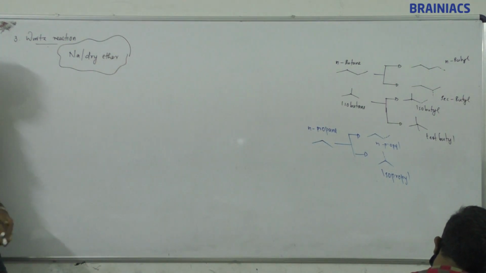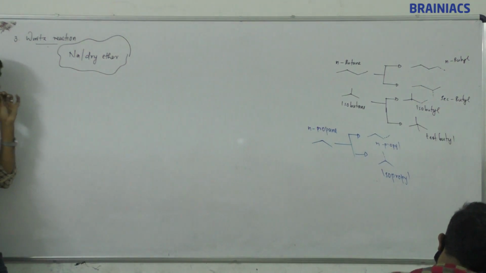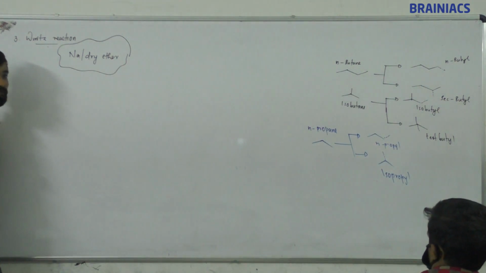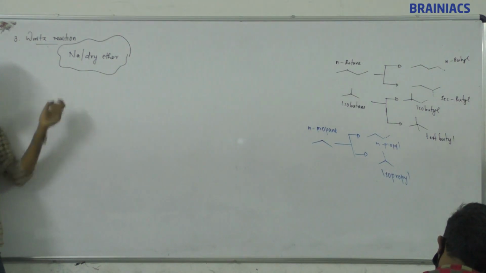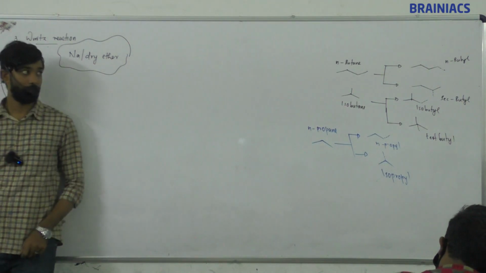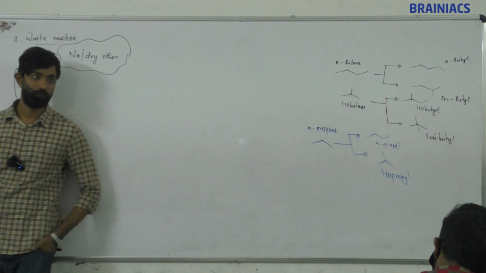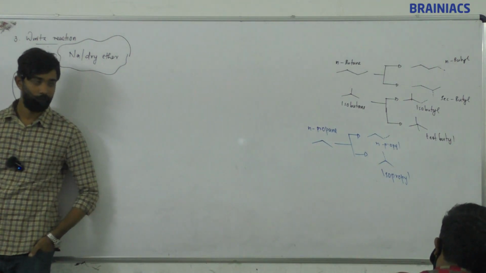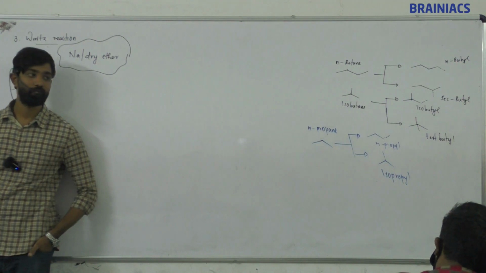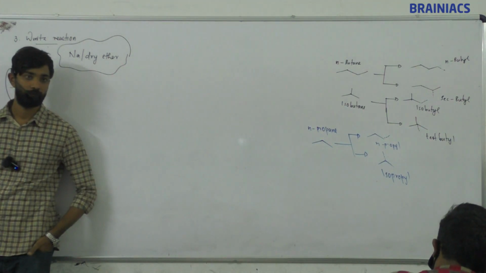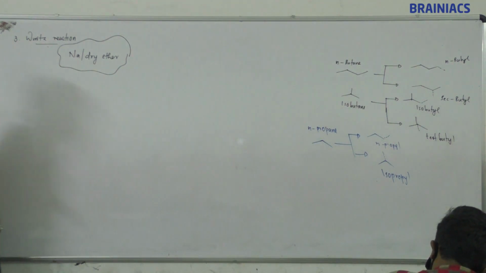Okay, and the role of dry ether is to keep sodium dry. If there is no dry ether, sodium Na becomes NaOH in the presence of moisture. If Na becomes NaOH, the Wurtz reaction will not take place, and that will be explained on the basis of mechanism.